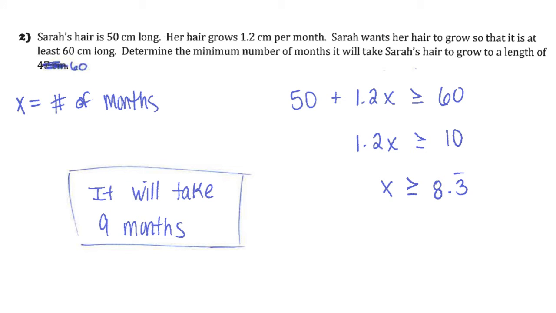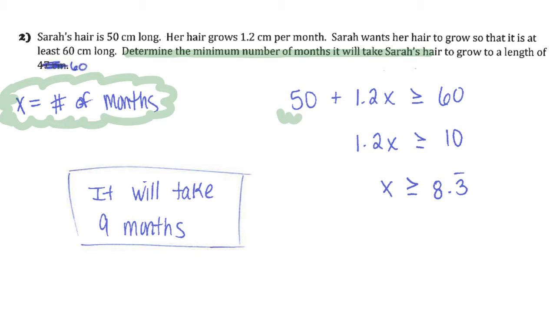Now, example 2 is asking the minimum number of months for Sarah's hair to grow a certain length. Notice I set my variable as number of months based on that question. And then in my inequality, I started with the 50 because that is her starting length of her hair, 50 centimeters long.